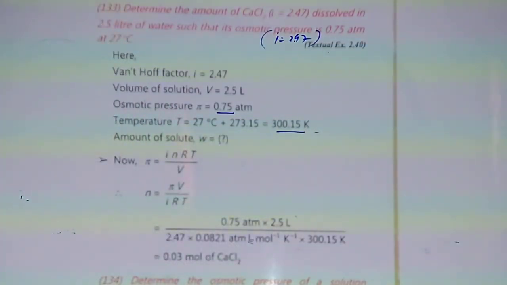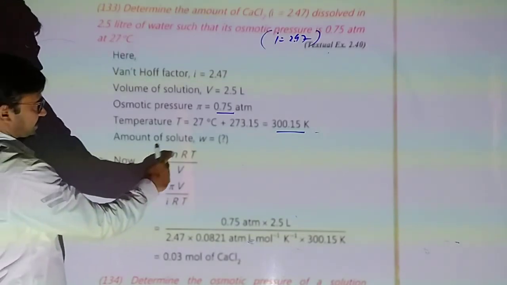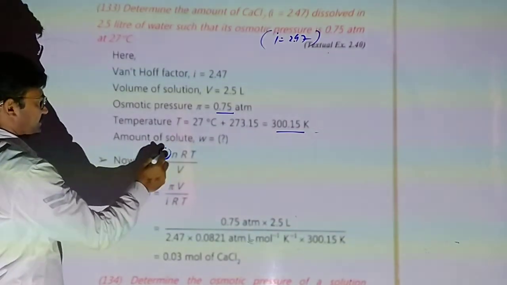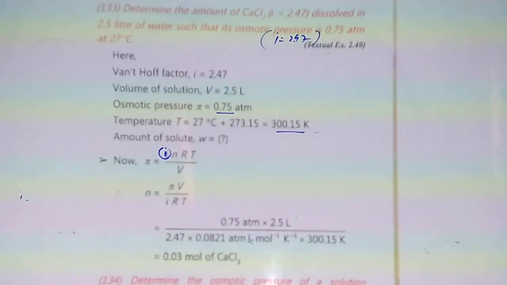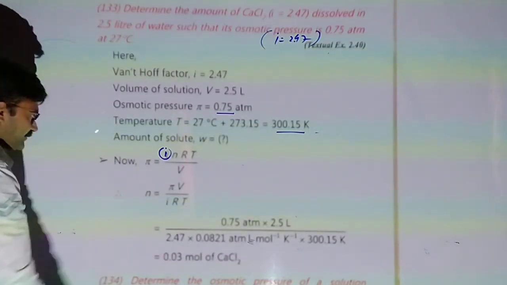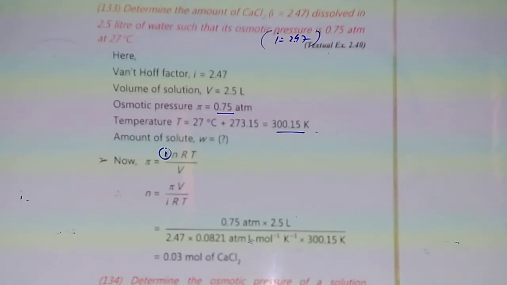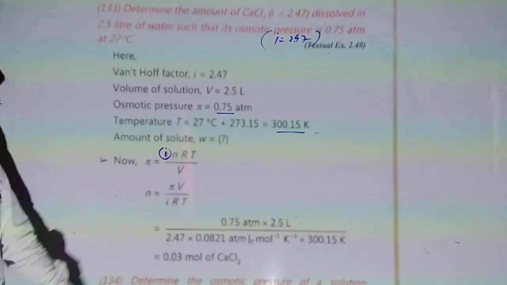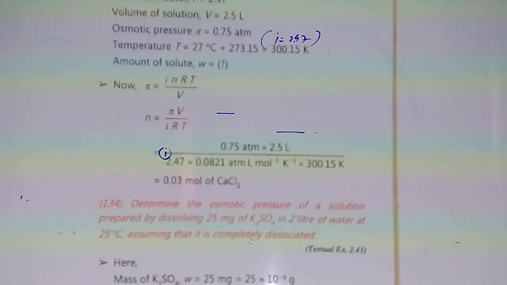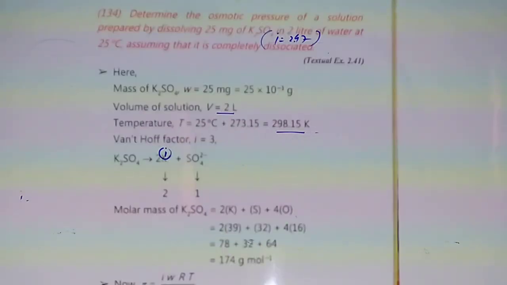So amount of solute: pi is equal to i nRT. Why do we need to use i? Whenever our solute experiences ionization, means dissociation or association, i is compulsory. n is equal to pi V upon iRT. So 0.75 into 2.5 upon 2.47, 0.0821 value of R, temperature 300. So 0.03 mole of calcium chloride.